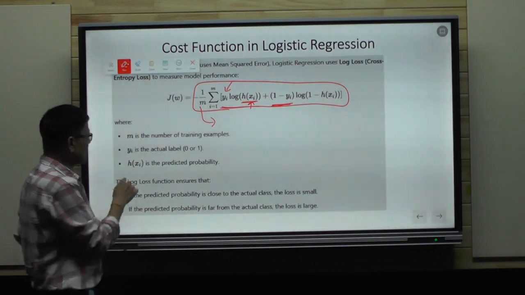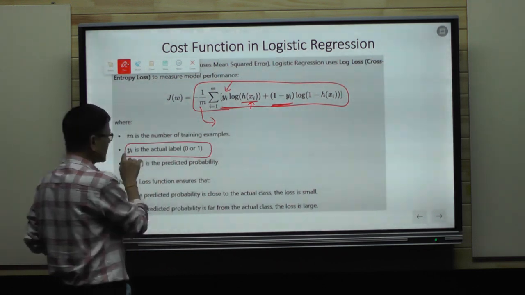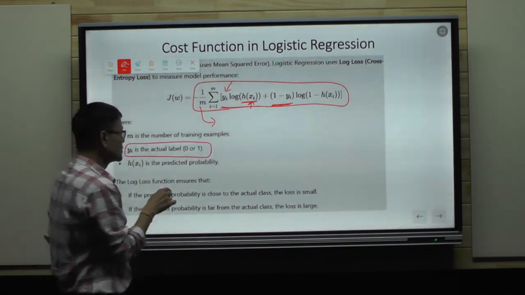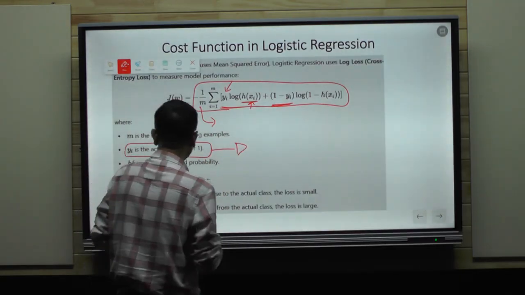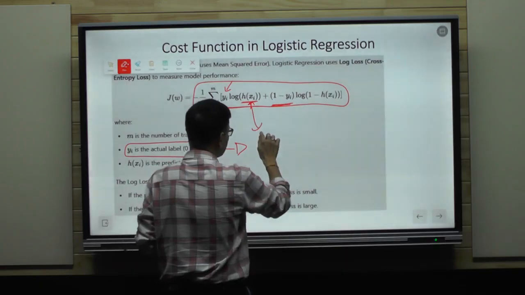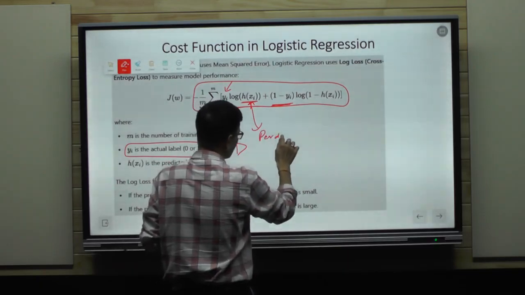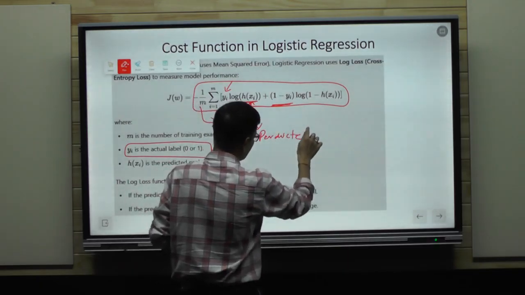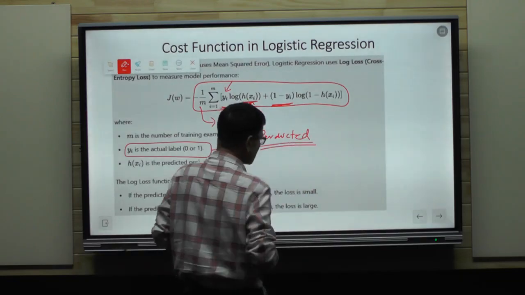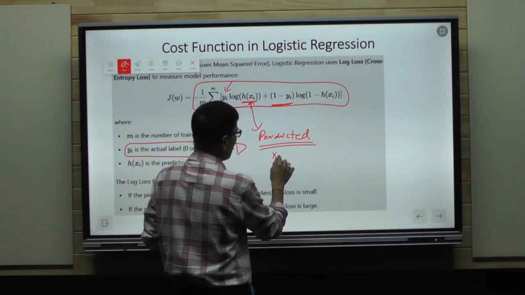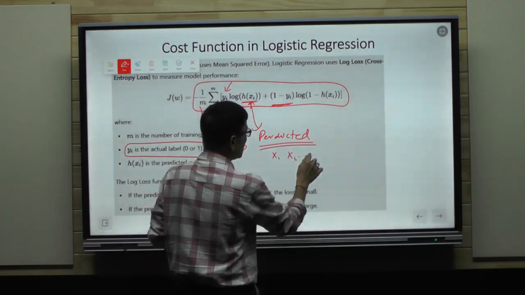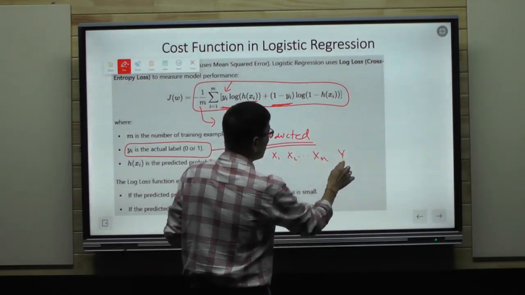So here y is the actual label, because remember it is supervised learning, so somebody has to give the labels, and this is your predicted value. Clear? So what will happen? These are the features, like x1, x2 till xn, and you have a label y.